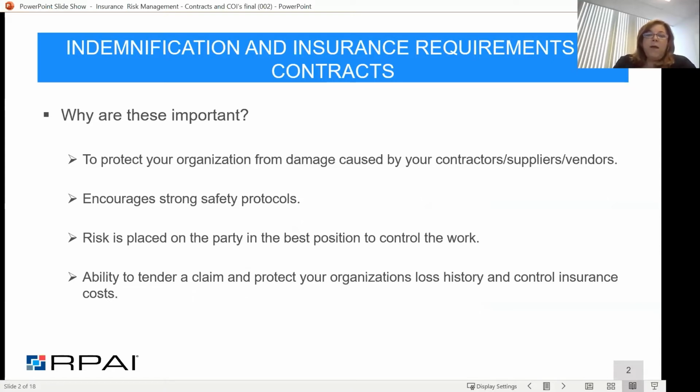Why are these important and what are they? The reason that you do any type of contract is to mutually protect both parties to the agreement. And for contractors, suppliers, and vendors, it's to protect your organization from damage that they may cause in the scope of their work.